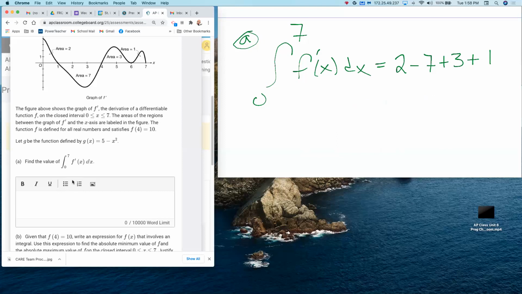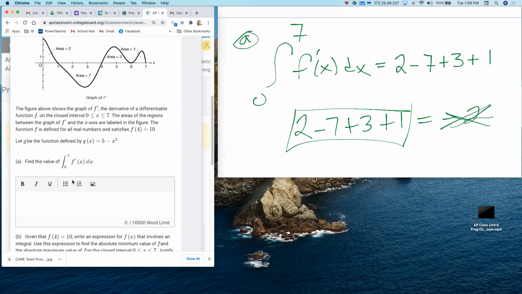Nicky asked if I took a point away because he wrote 2 minus 7 plus 3 plus 1 equals -2. That is a mistake. That is not a true statement. You cannot get full credit for untrue statements. So you should just leave it like this and go on with your life. Any questions on that?